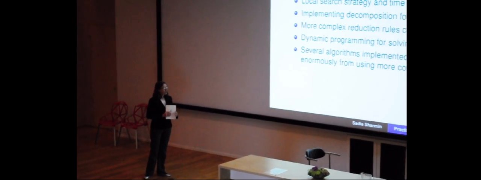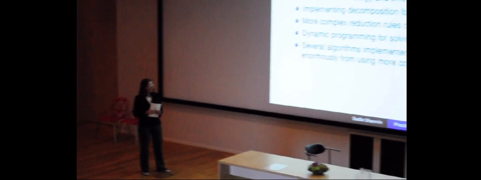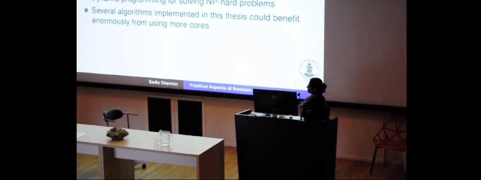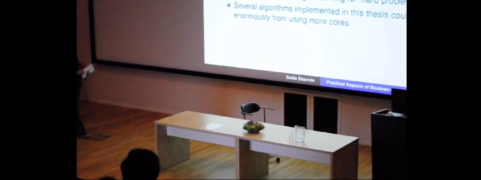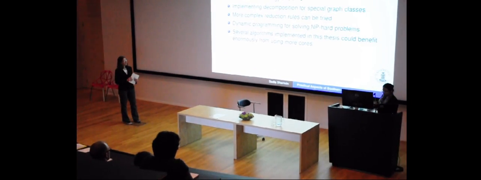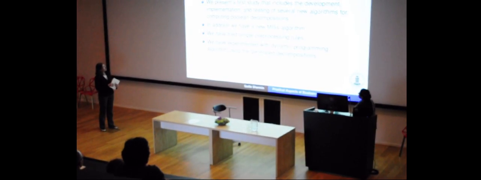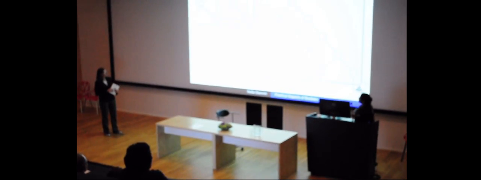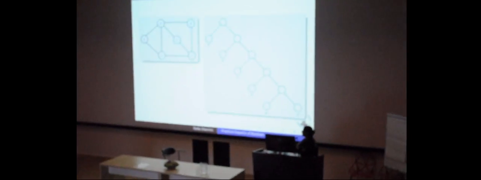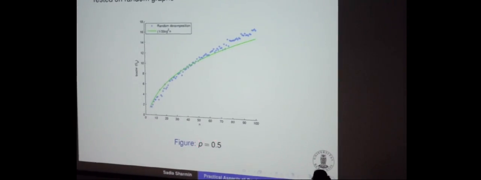So maybe let's start with questions about the graphs that you worked on. So you worked with Erdős–Rényi, sparse random distribution graphs? The one with vertex count like 80 to 100, then we try these with the constant.